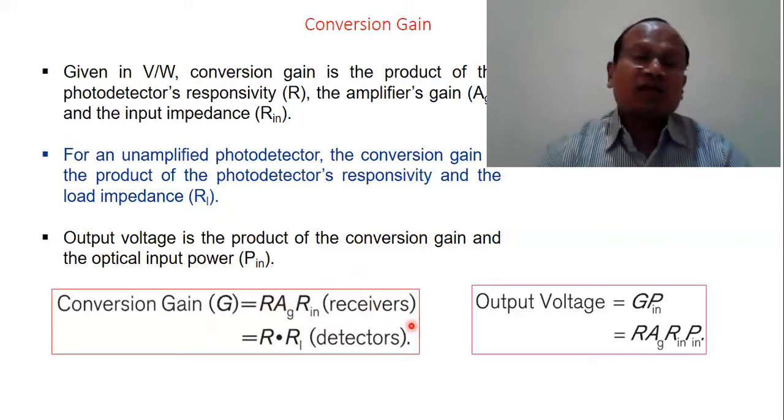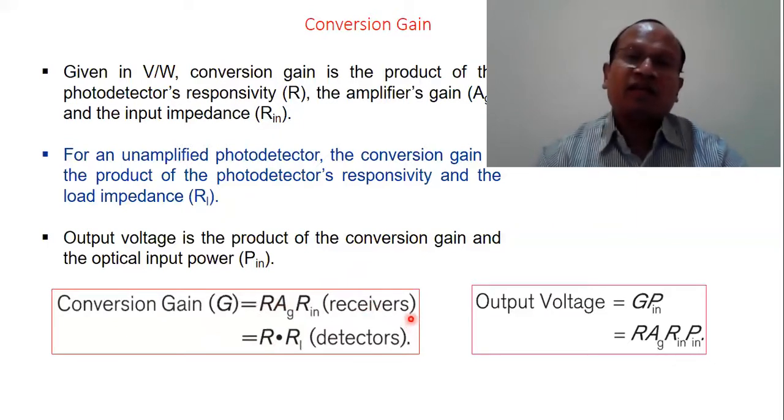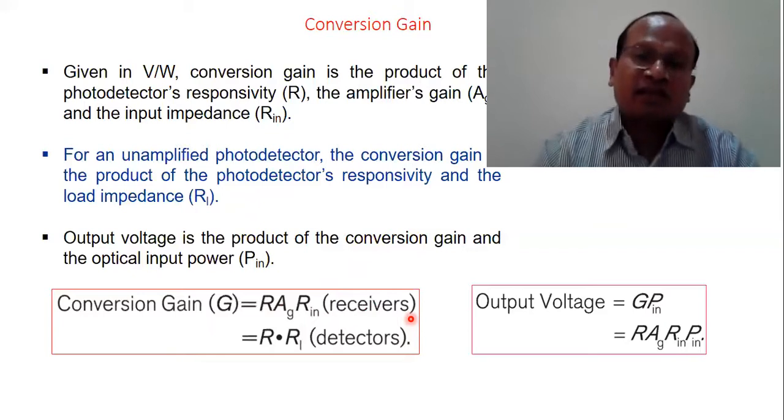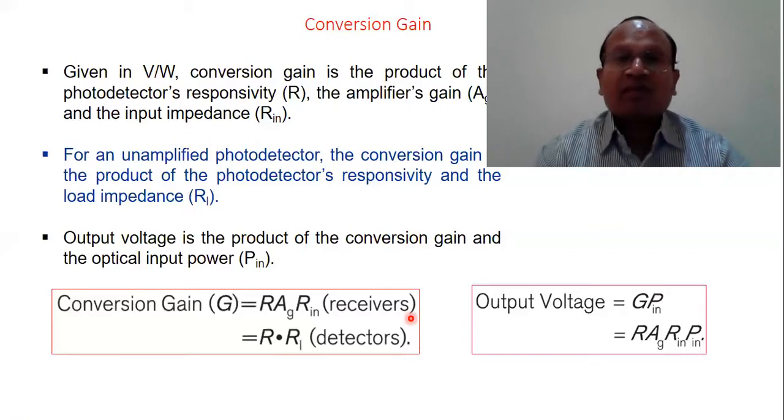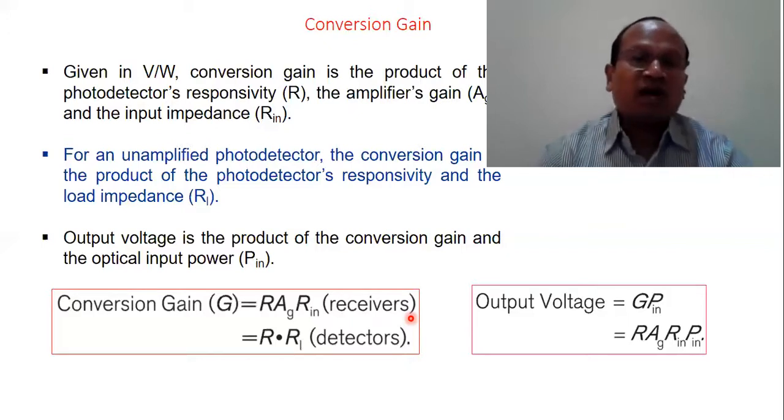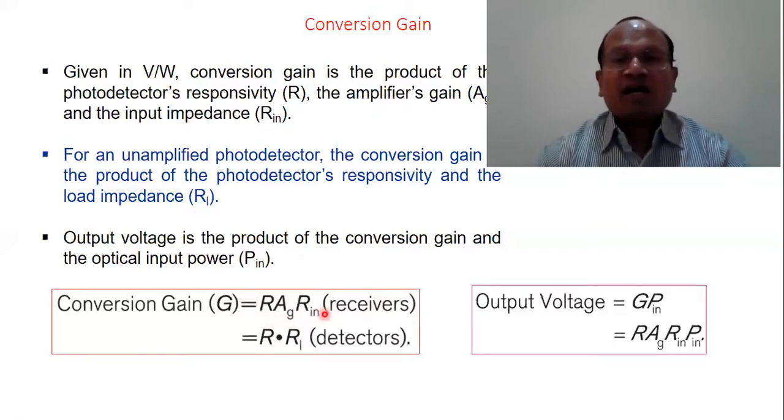When you are receiving the signal finally, after passing through the detector, we employ a series of amplifiers so that the signal strength is very good. This is why the conversion gain for a receiver is R multiplied by Ag multiplied by Rin, where Ag is the gain of the amplifier, R is the responsivity, and Rin is the input impedance of the circuit.